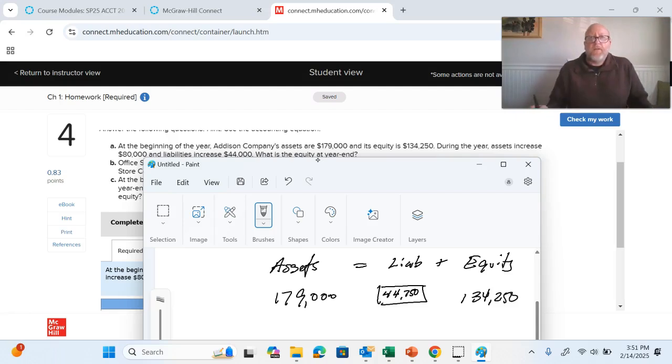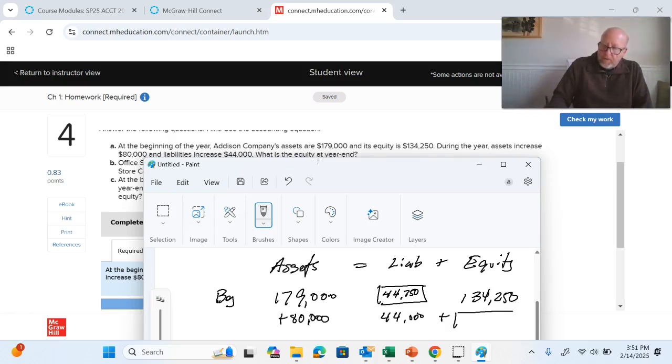Then the question is saying that during the year, right? So this would be the beginning balance of all of these amounts. Then during the year, assets increased by 80,000, and then liabilities increased by 44,000. Therefore, what is equity?